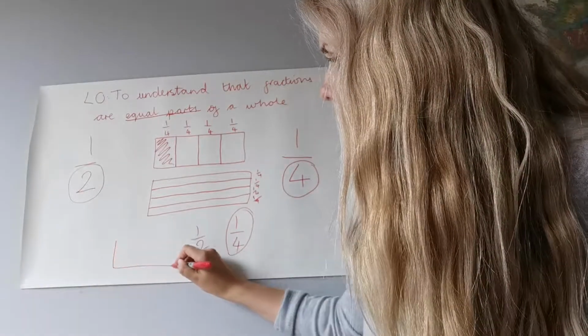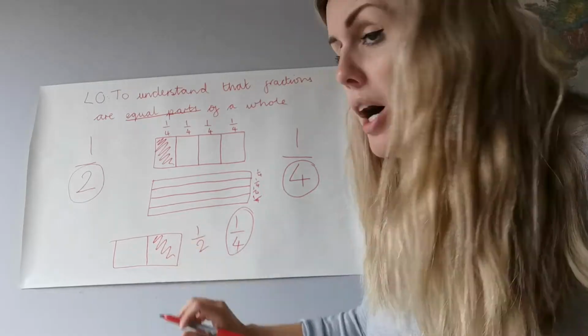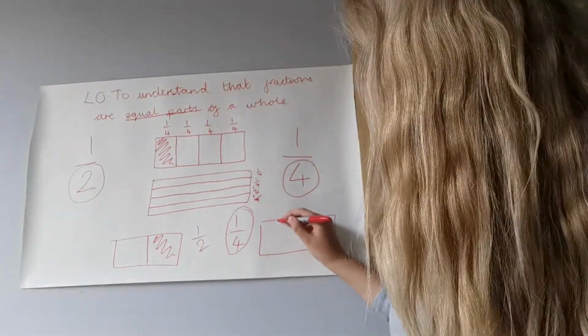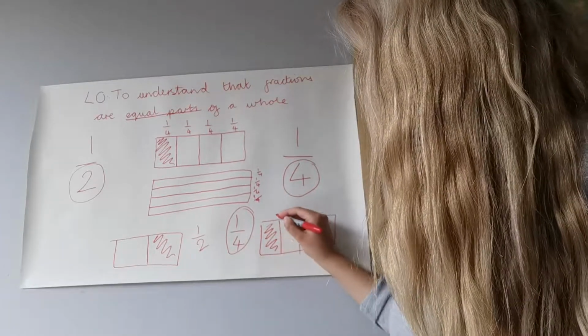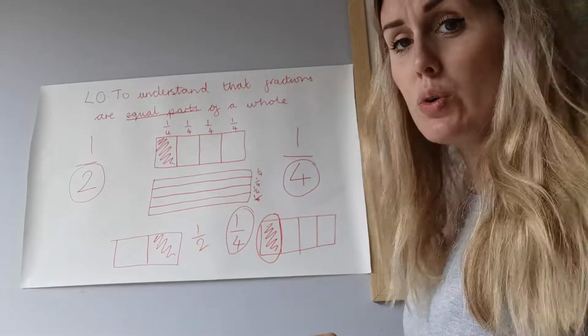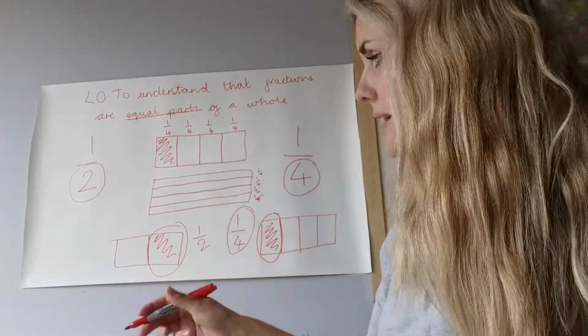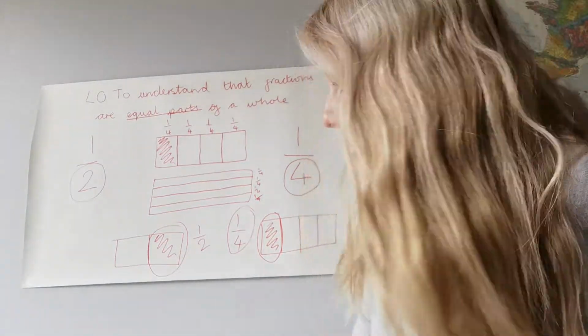Would you rather have half a bar of chocolate, or would you rather have 1 quarter of a bar of chocolate? So if you had a quarter bar of chocolate, it would be that size. If you had a half of the bar of chocolate, it would be that size. I know which one I would rather have, and it would be the half.